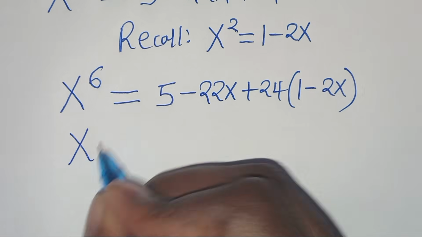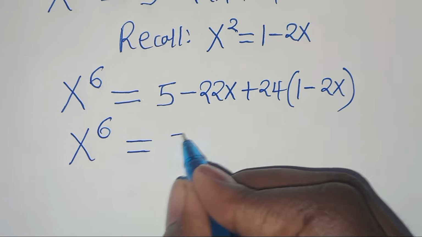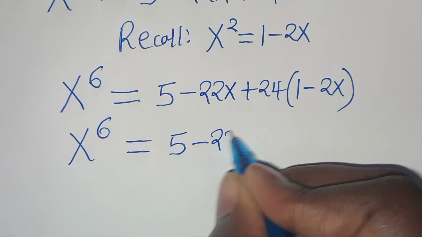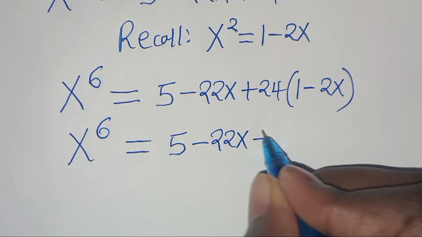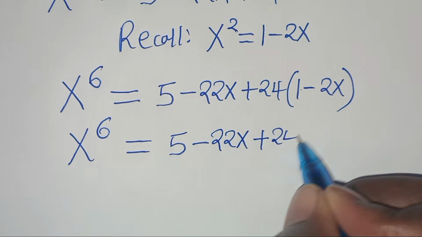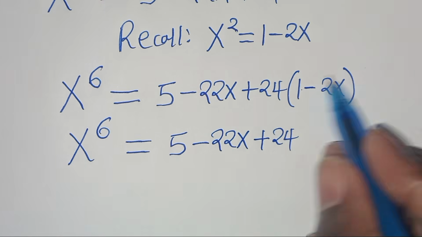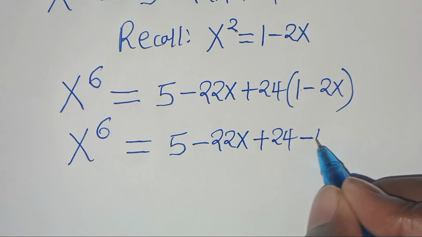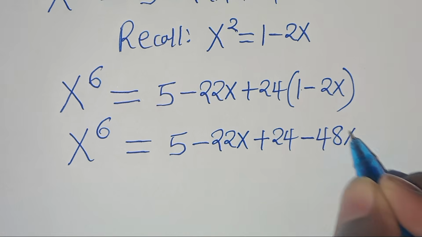So this is x to the power of 6, this is equal to 5, subtract 22x, then plus 24 times 1, this is 24, 24 times minus 2x, this is minus 48x.